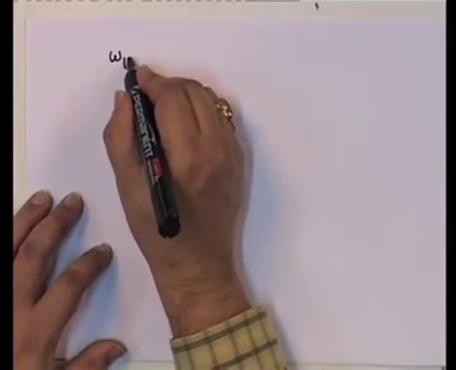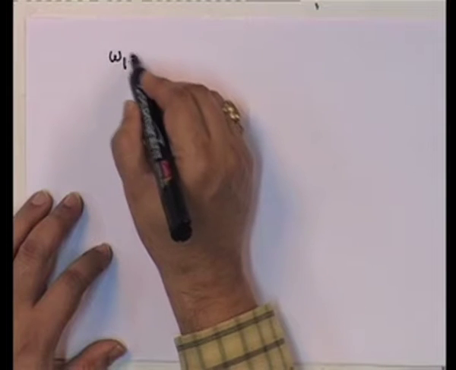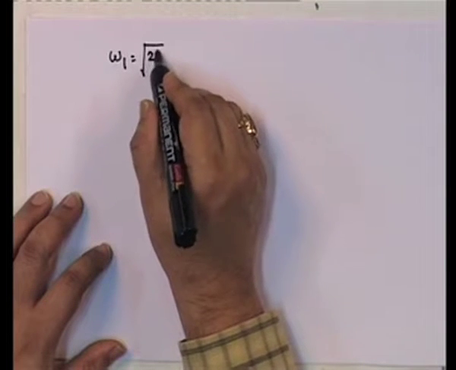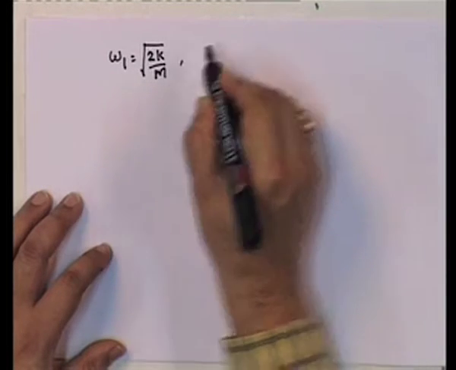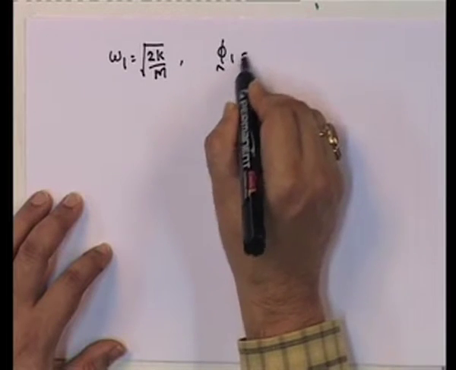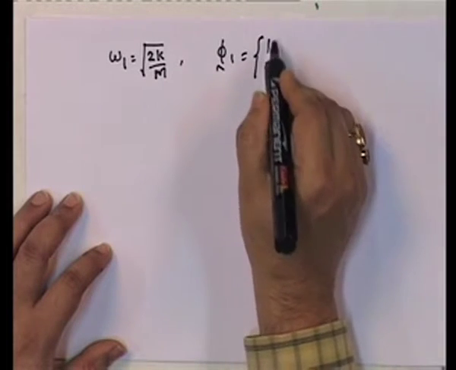Remember, I said that you can't find out any one of them. Okay. So, therefore, in this particular case, for want of better thing, I take it equal to 1. So, that means I have found out omega 1. Omega 1 is square root of 2k upon m, and phi 1 is equal to 1, 0.